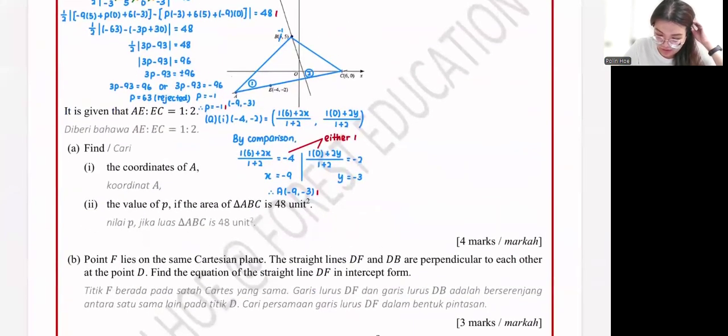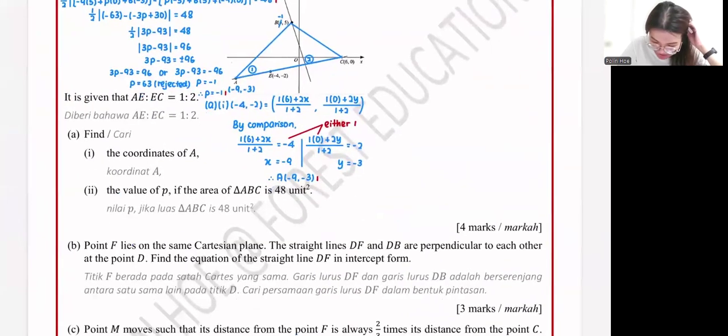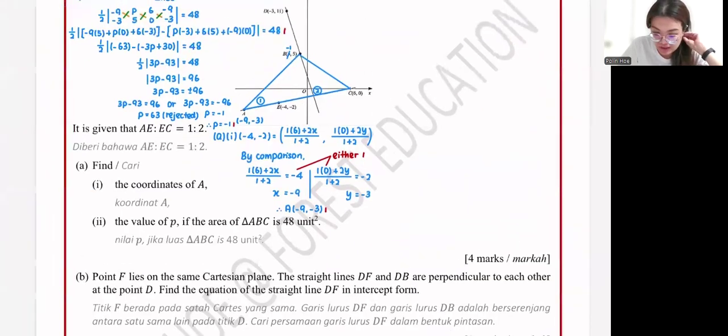Part B. Point F lies on the same Cartesian plane. The straight lines DF and DB are perpendicular to each other.